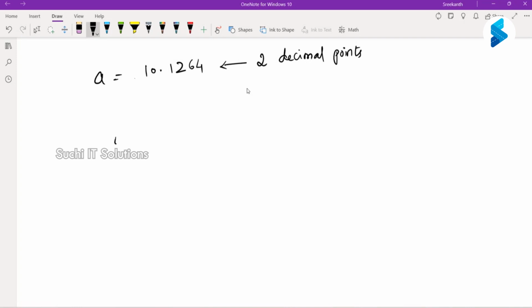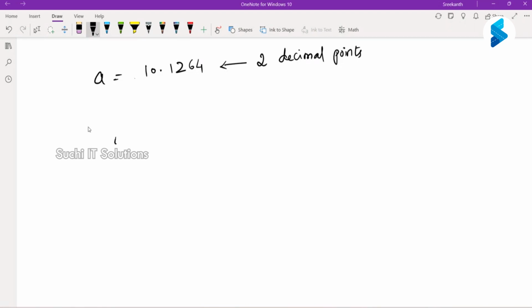We all know what rounding is, right? You will round it to the nearest number. If I have to round this value to 2 decimals, what would be the output?